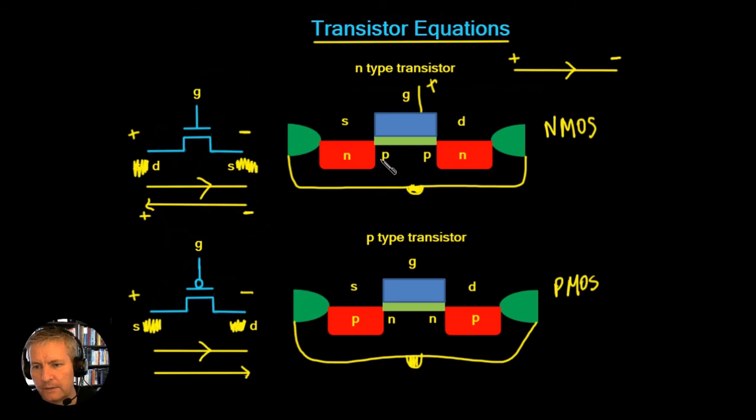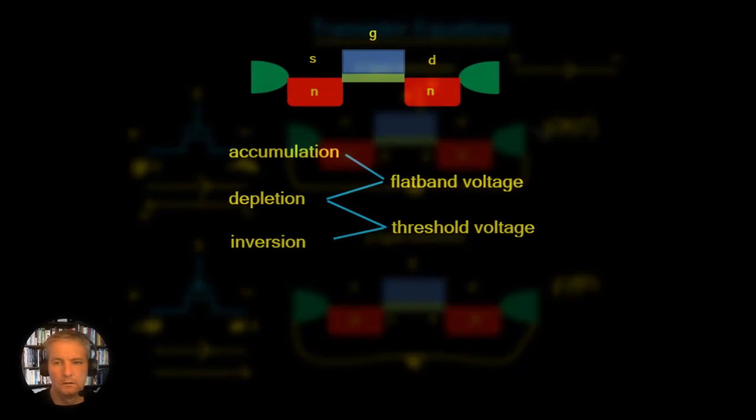So the p-type material then looks like n-type. So we end up with a little n-type channel running from here to here, and that allows the current to then flow all the way along through the source, through the gate, and up through the channel underneath the gate, and then up through the drain.